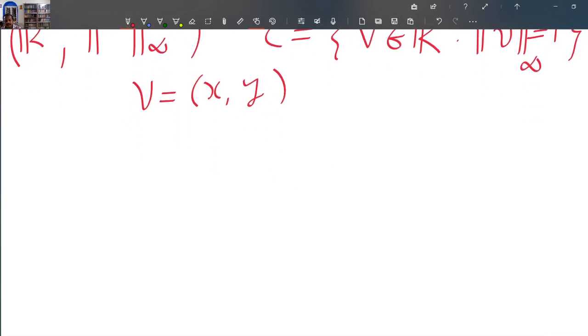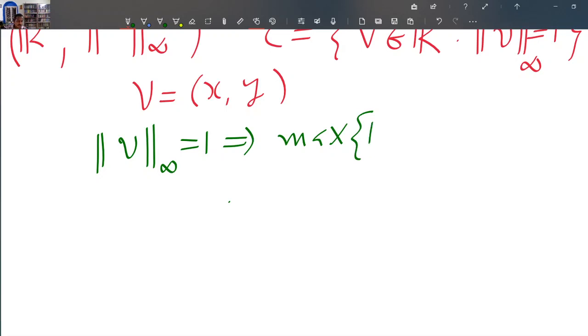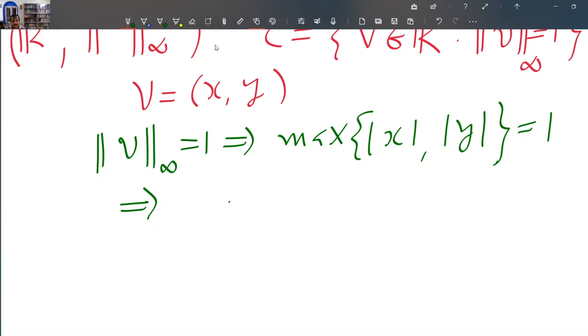So you consider the norm of V, the supremum norm of V, equal to 1. This implies the maximum of modulus of x comma modulus of y is equal to 1. So there are two situations: either the maximum is modulus of x or the maximum is modulus of y.